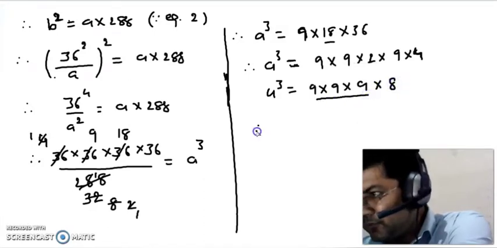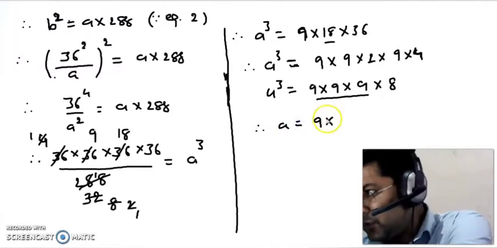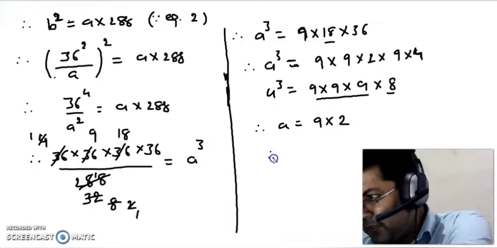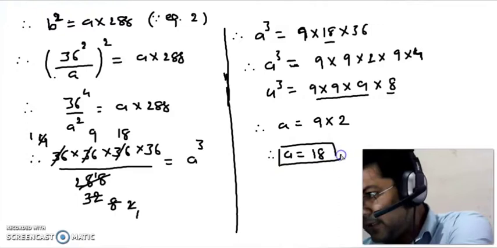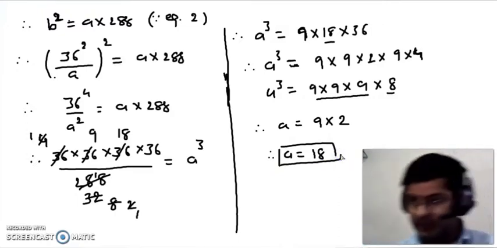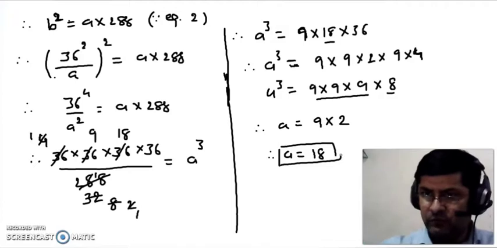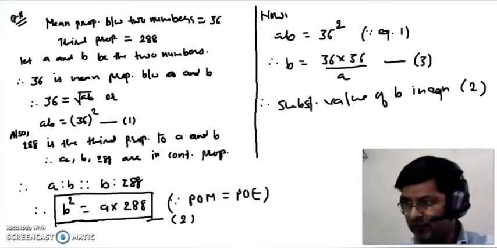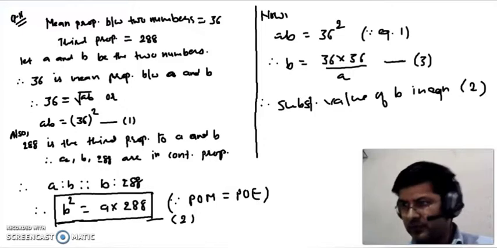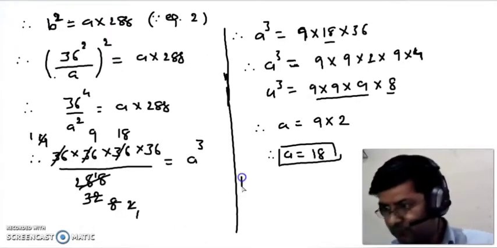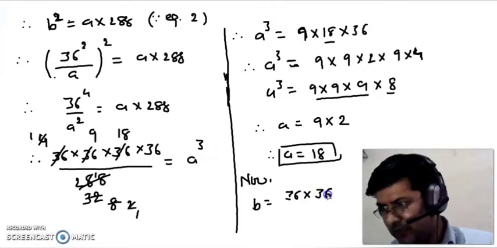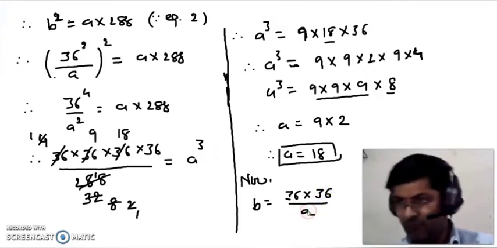The cube root of 9 into 9 into 9 will be obviously 9, and cube root of 8 is 2, and therefore the value of a we have got to be 18. Clear? So this is the value of a. Now you can find out the value of b by substituting the value of a in equation 3, b is equal to 36 multiplied by 36 upon a.